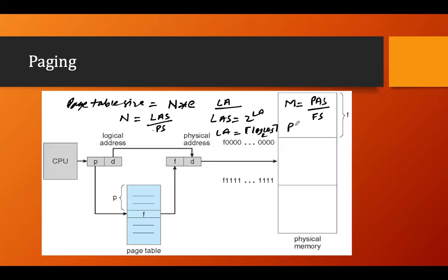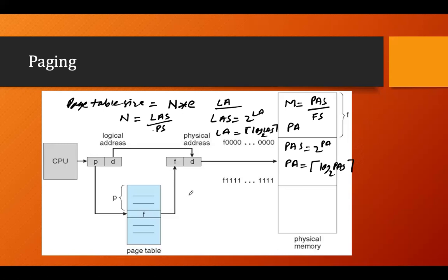If the physical address is given, we can find the physical address space by 2 to the power of the physical address. And if I want to find the physical address from the physical address space, it will be the upper bound of log base 2 of the physical address space, right? So these are the things that we have to remember while doing these types of calculations in paging.